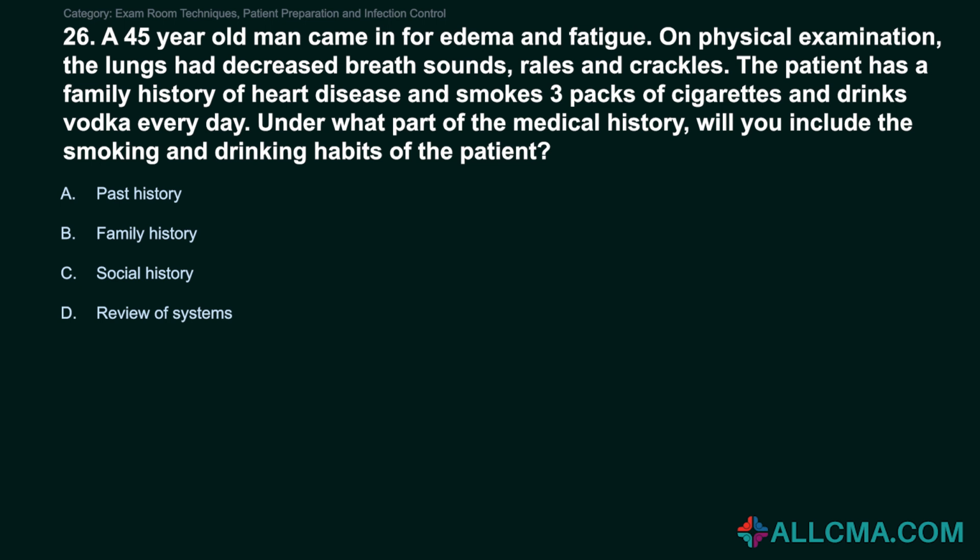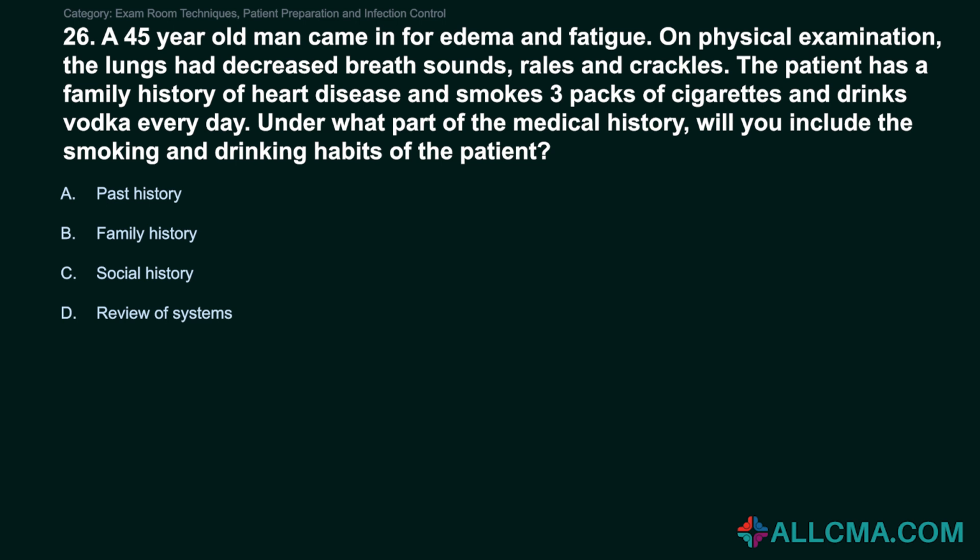26. A 45-year-old man came in for edema and fatigue. On physical examination, the lungs had decreased breath sounds, growls, and crackles. The patient has a family history of heart disease and smokes 3 packs of cigarettes and drinks vodka every day. Under what part of the medical history will you include the smoking and drinking habits of the patient? A. Past history.